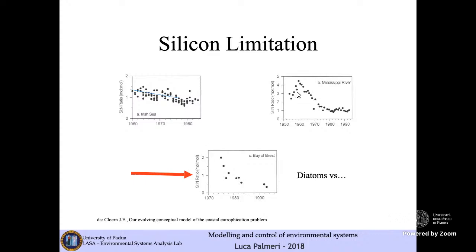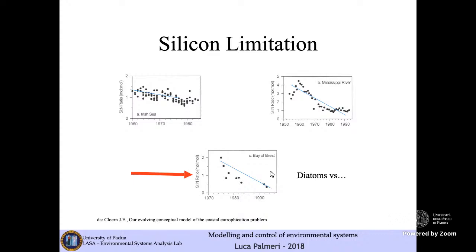We have other examples of this silicon limitation, like for example the Mississippi River. Again, we plot the silicon over nitrogen concentration ratio, and we see that as time increases, we have again a decreasing tendency for the silicon to nitrogen concentration ratio, and the same in the Bay of Brest.